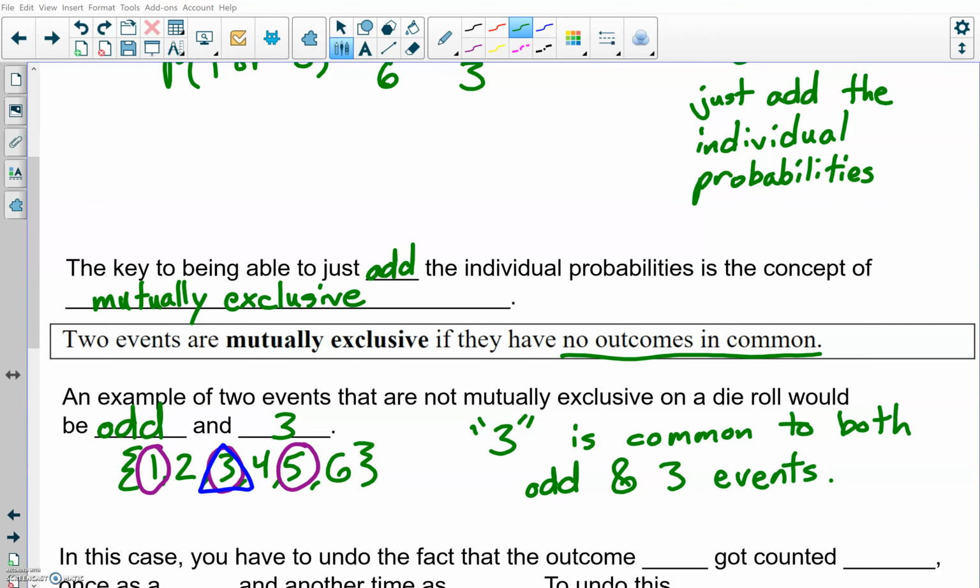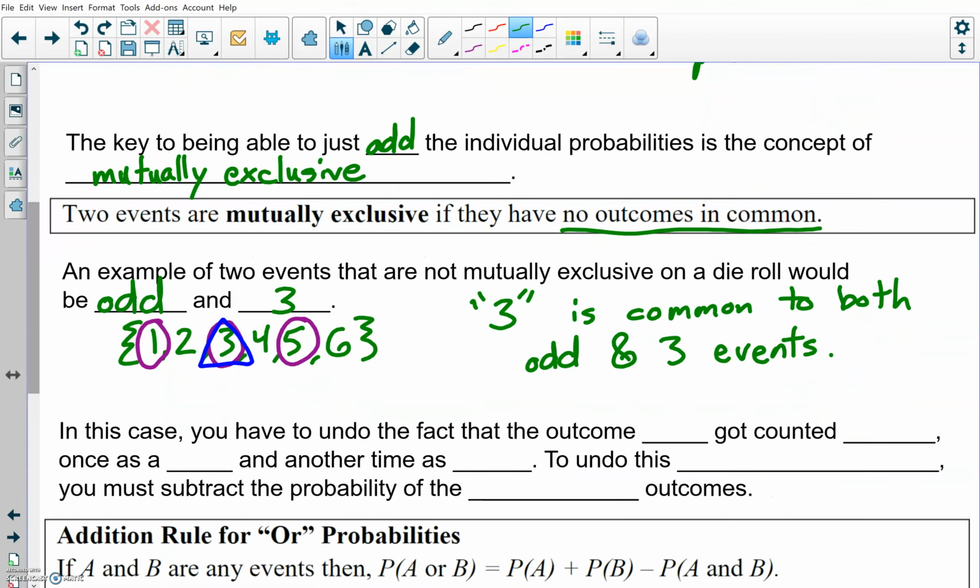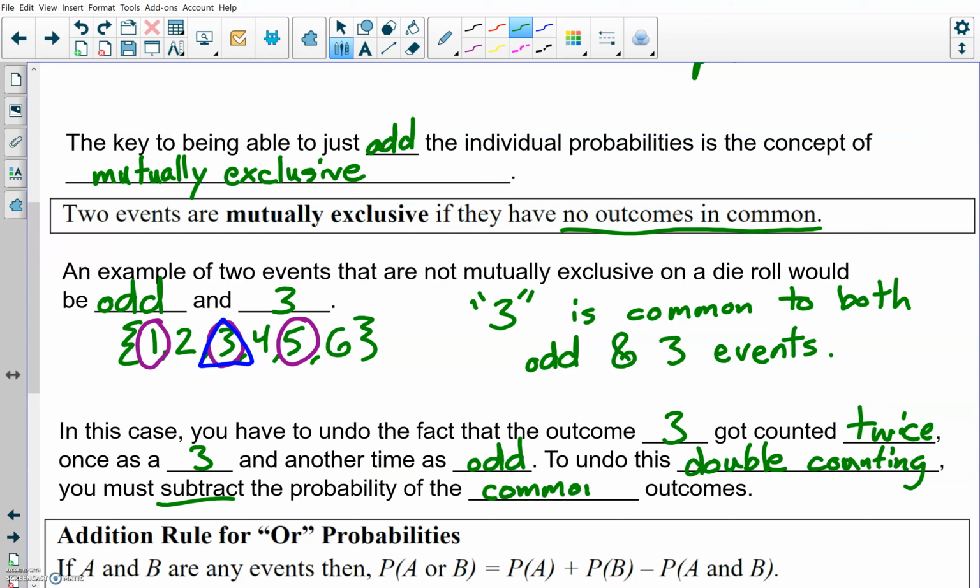So in this case, you have to undo the fact that the outcome 3 got counted twice, once as a 3 and another time as odd. And to undo this double counting, you must subtract the probability of the common outcomes. Just undo it by subtraction.